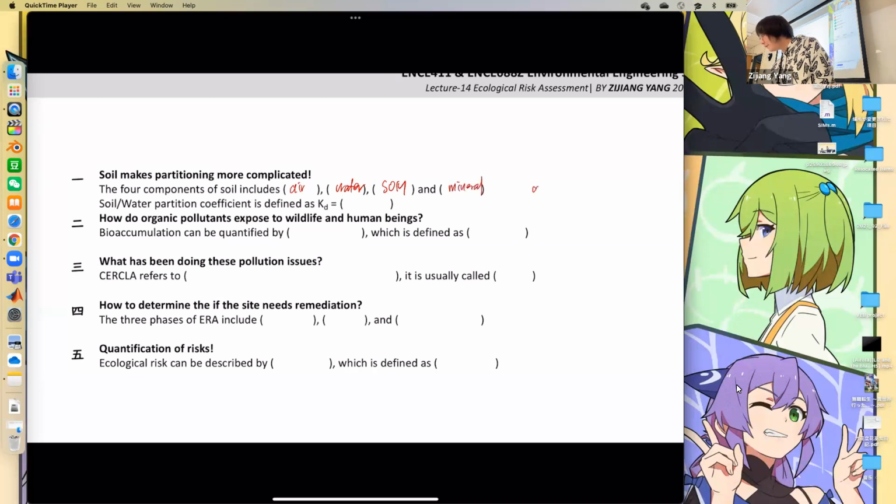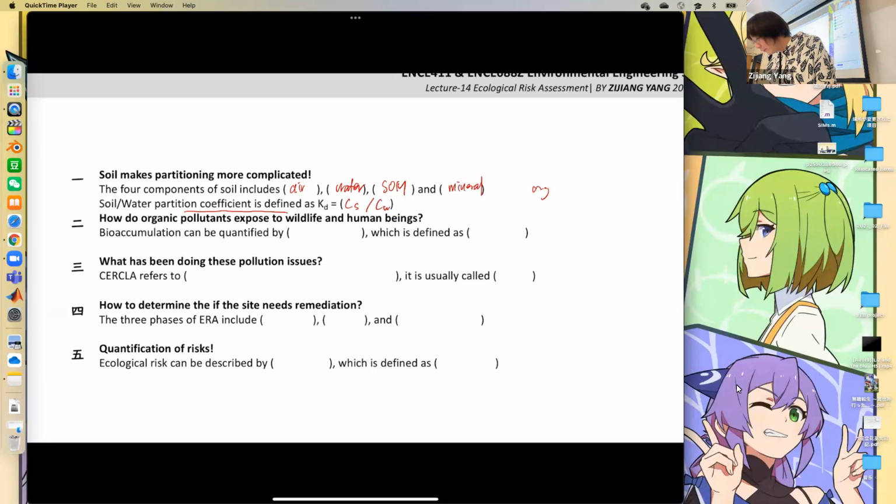And we may also have organisms. The soil water partitioning coefficient is defined as the concentration in the soil and the concentration in the water at equilibrium.